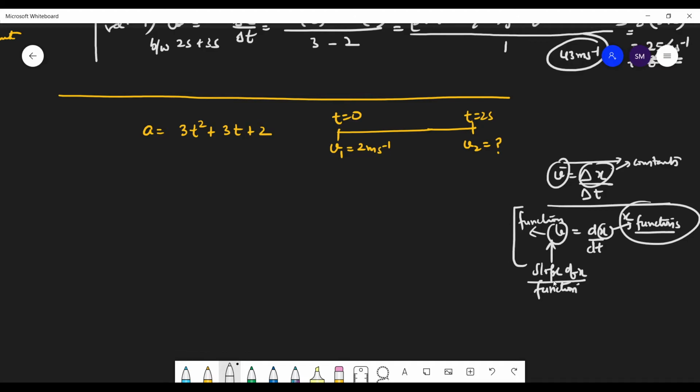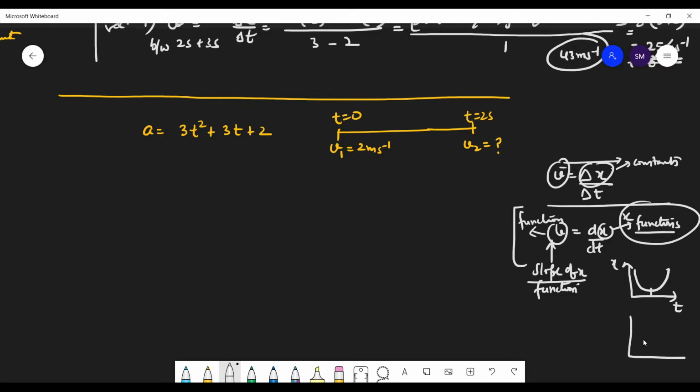That is the slope of this graph, meaning when you draw this graph x versus t. Like, suppose this was your x-t graph and it will be something like this.